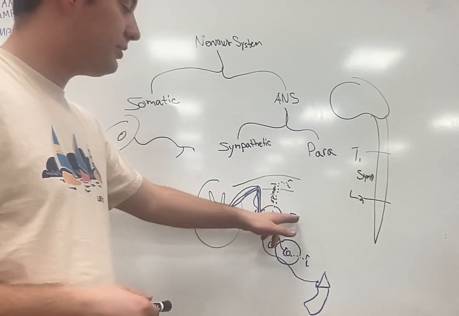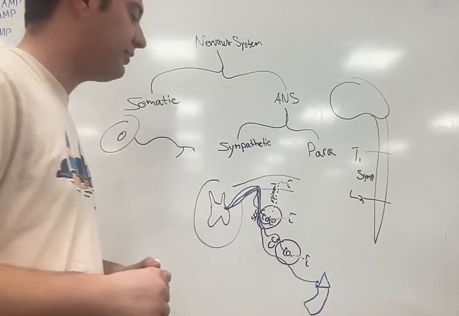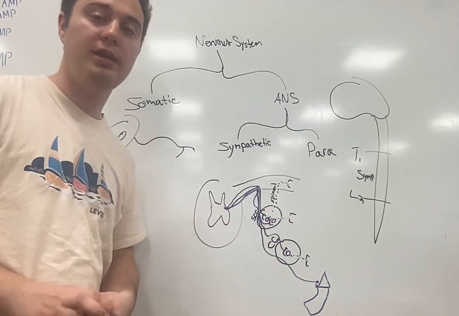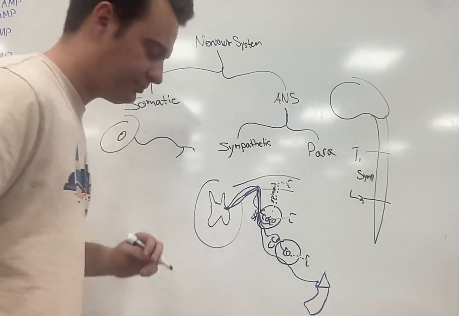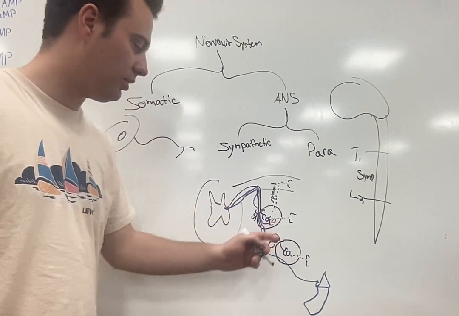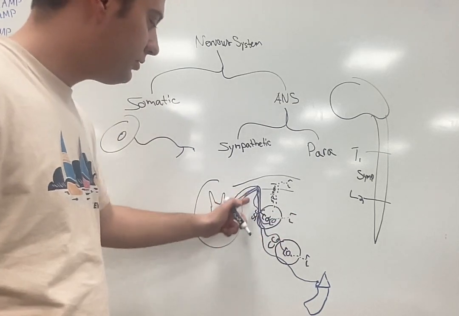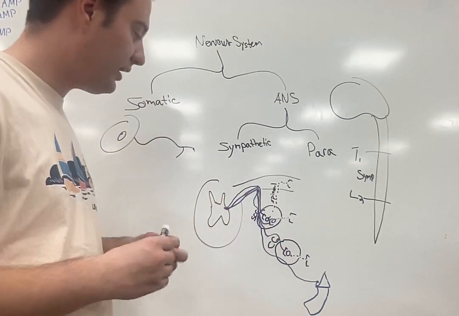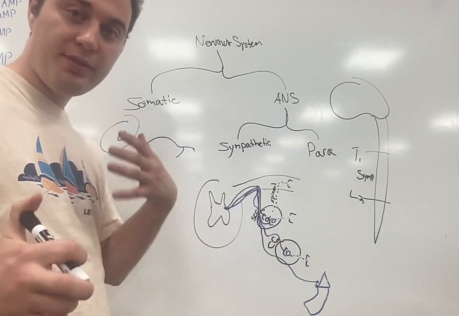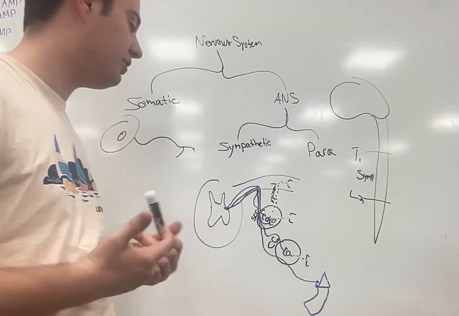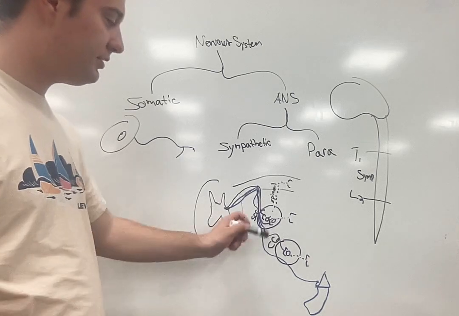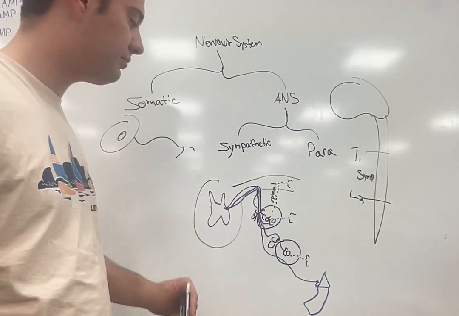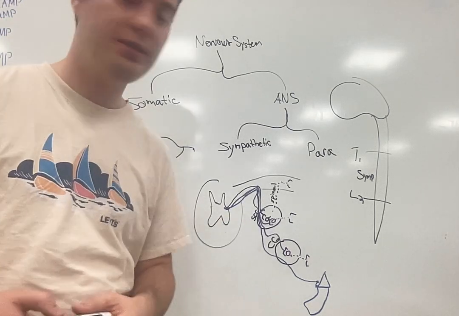However, the neurotransmitter that's released at the end of the long road can be different, right? So let's say this is running to the heart. For the synaptic cleft, what did I just say will be used as a neurotransmitter? Which chemical? Acetylcholine. The acetylcholine transfers that signal, which is received by a nicotinic receptor.